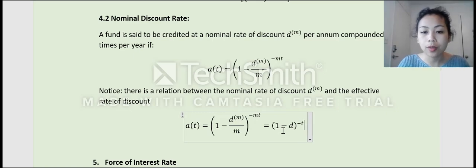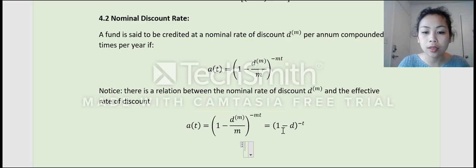So from here we will solve for d^(m). So (1 minus d^(m) over m) equals (1 minus d) to the power 1 over m.